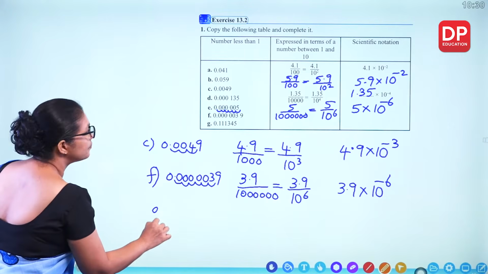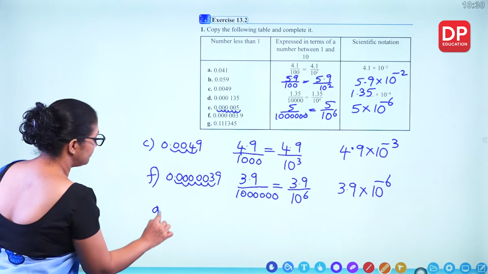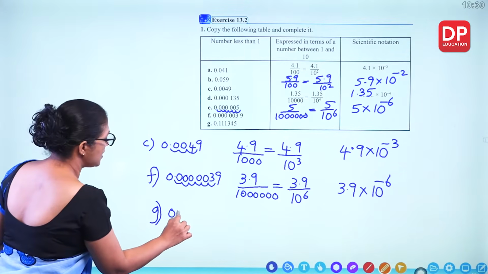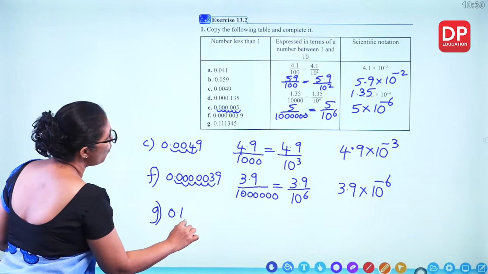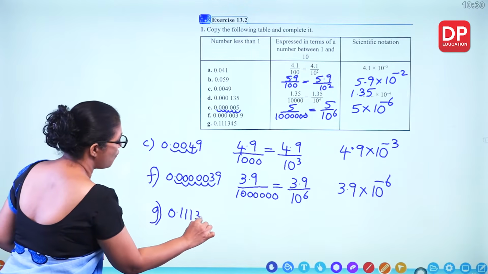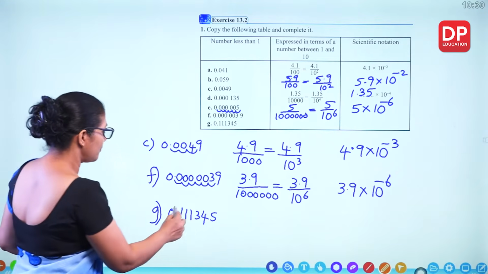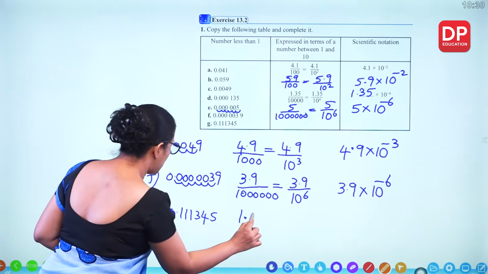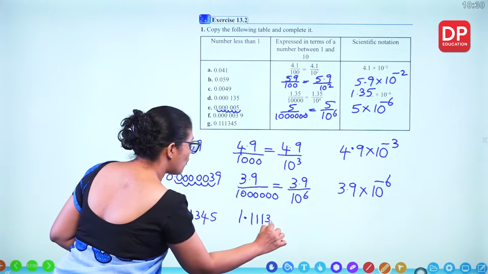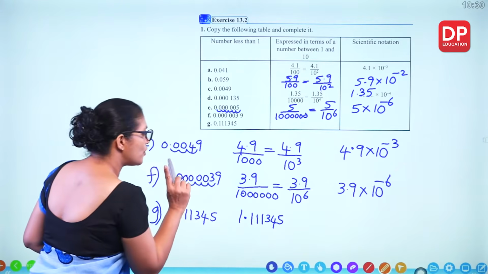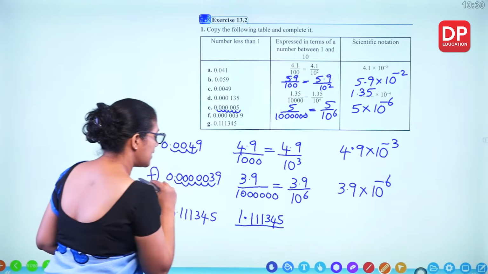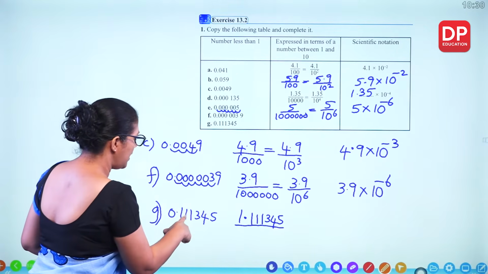G. 0.111345. So you can do 1.111345 is the number more than 1 and less than 10. So divide by.